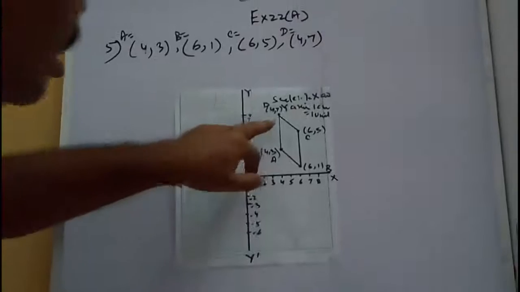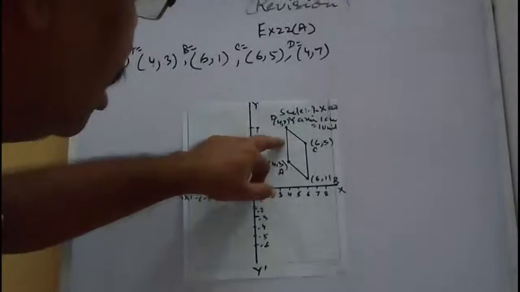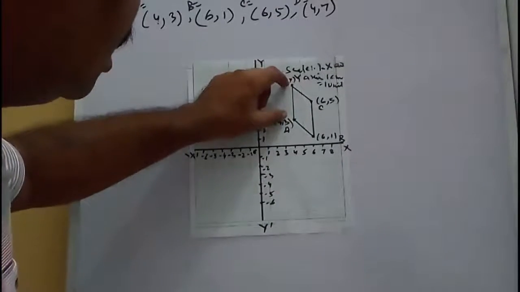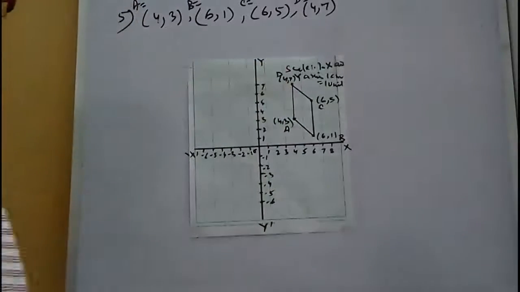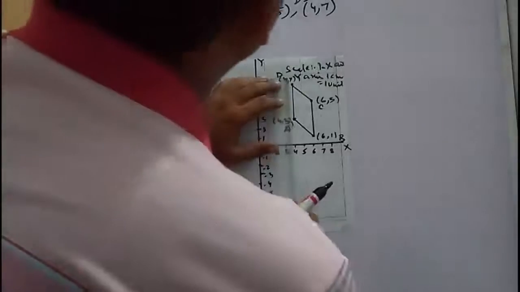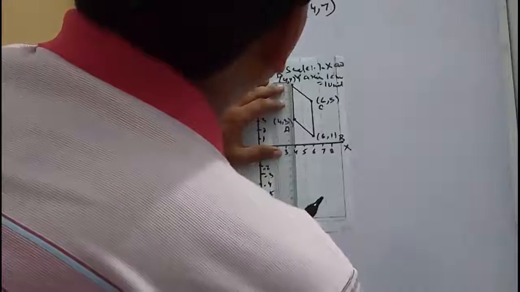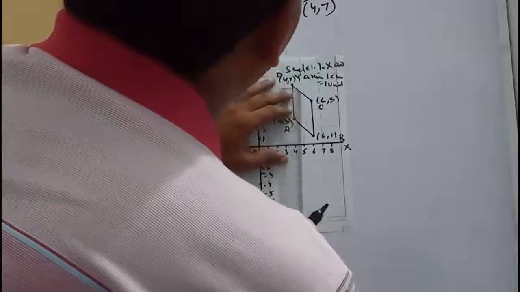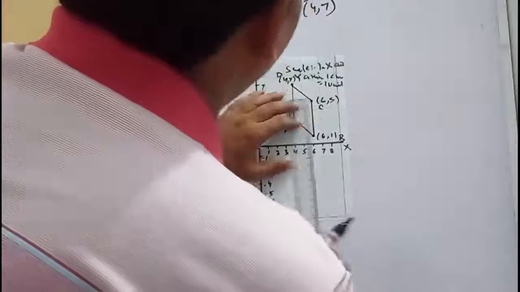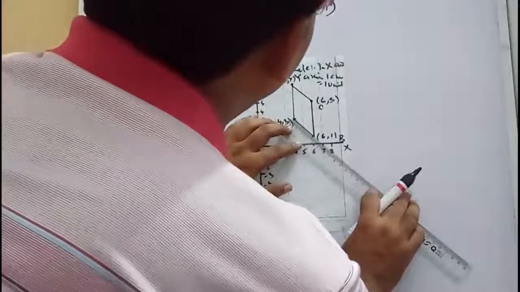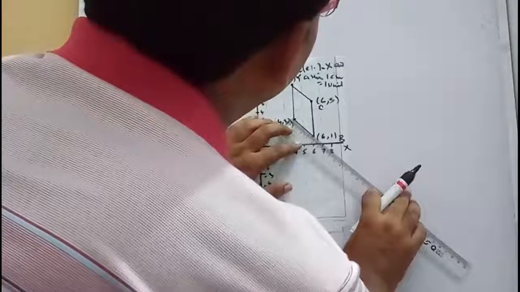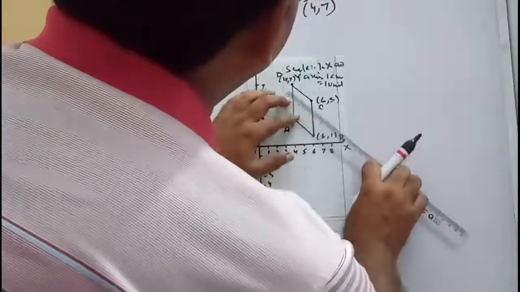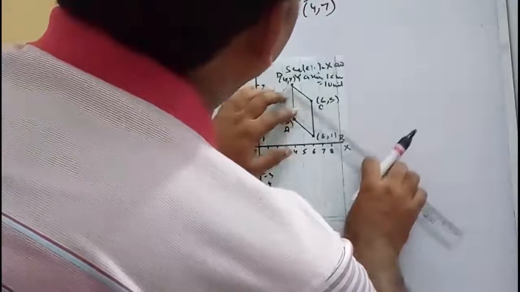Now see, measure the length of these two sides. Is it equal or not? This side 5, that side 5, 3.7, 3.7.